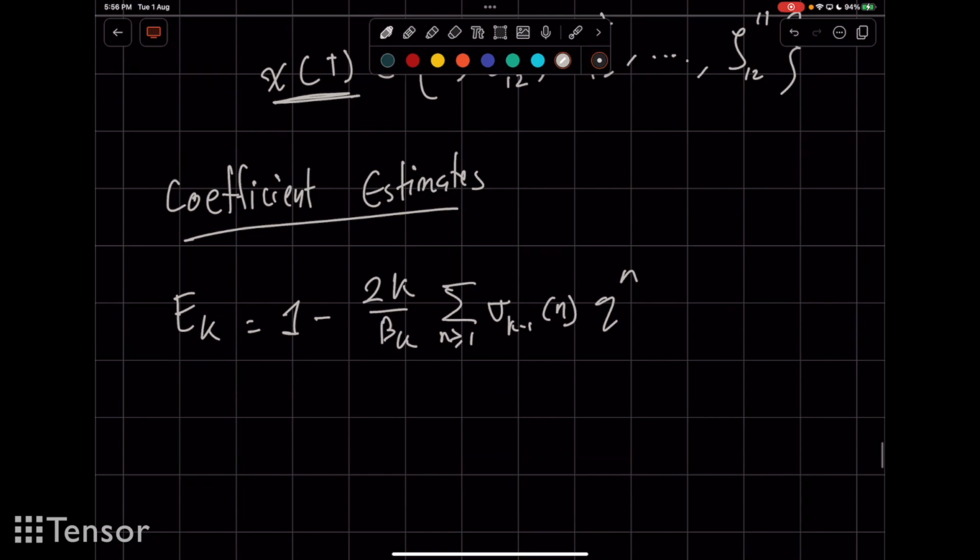So what is the coefficient of q to the n here? This times some other constant, right? So let us ignore this constant for now. Let us just focus on sigma_{k-1}(n).